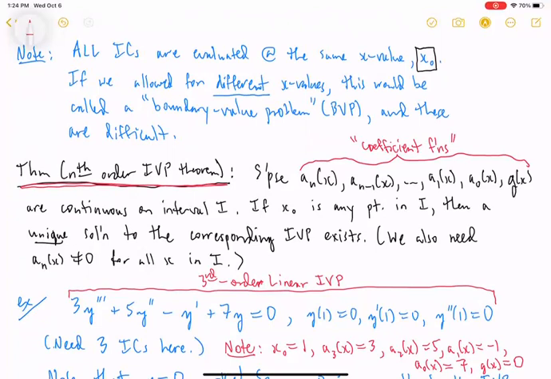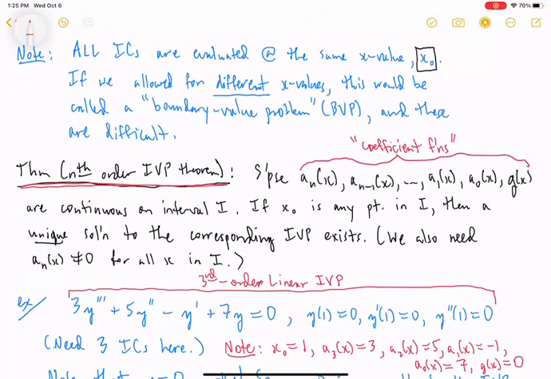Is the leading coefficient function non-zero on the interval? And is the place I'm evaluating the initial conditions in the interval in question? What is the x0 referred to? The number that you're evaluating all of the initial conditions at. So x0 is 1 in this case, because I'm plugging 1 into each one of these.